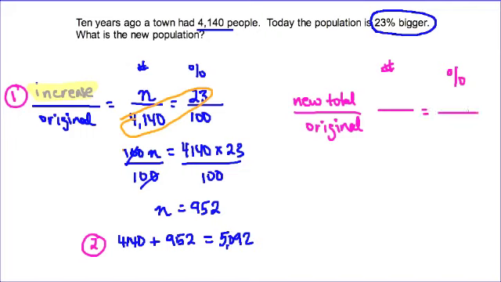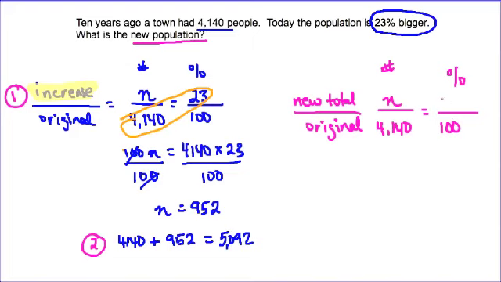The way to think about it is like this. Let's fill in what we know. We know the original population is 4,140. We know we're being asked to find the new population. As always, we know that the original percentage is 100. Now the question is, what's the new percentage?